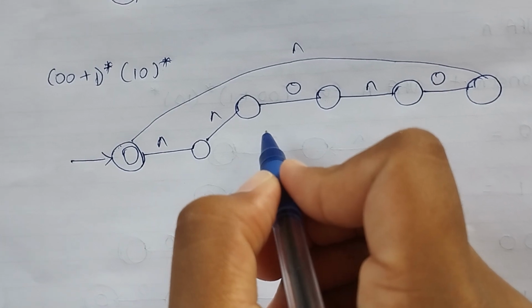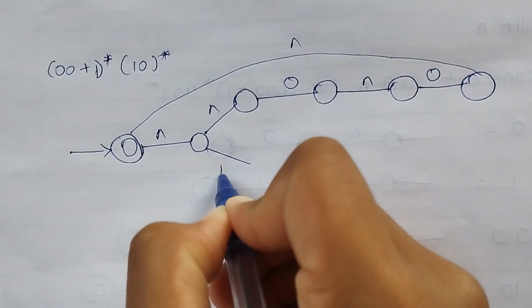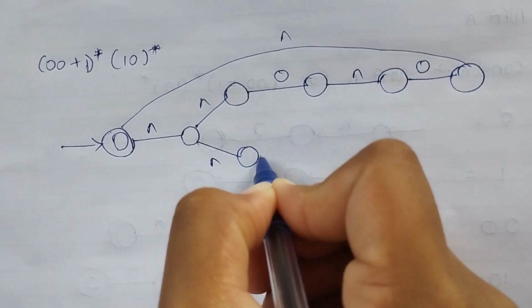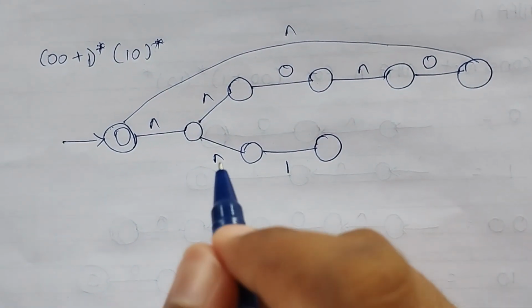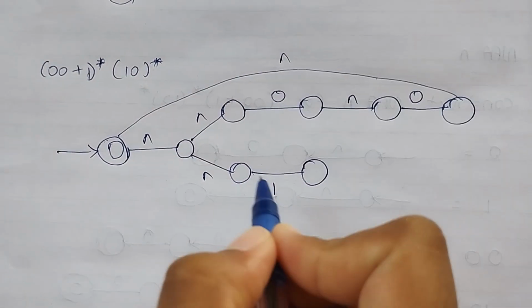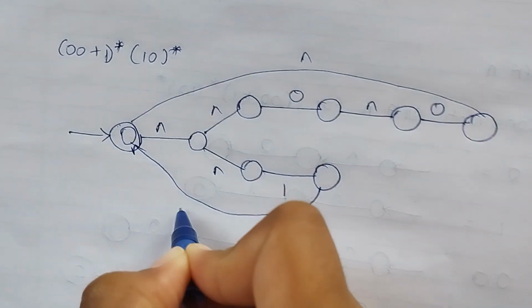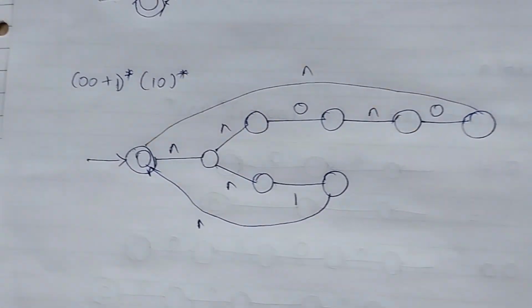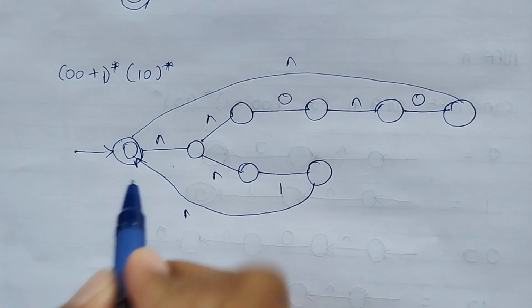Now same for here, this null, then 1 and this, and now this 1 is connected to this initial state by null. So this is our 0 0 plus 1 star.